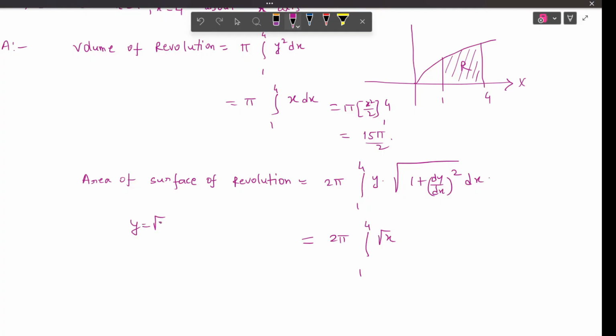To differentiate it, dy by dx is n into x to the power n minus 1, that is half into x to the power half minus 1, that is minus half. So it would be 1 by 2 root x. So this is 1 plus 1 by 2 root x whole square dx.